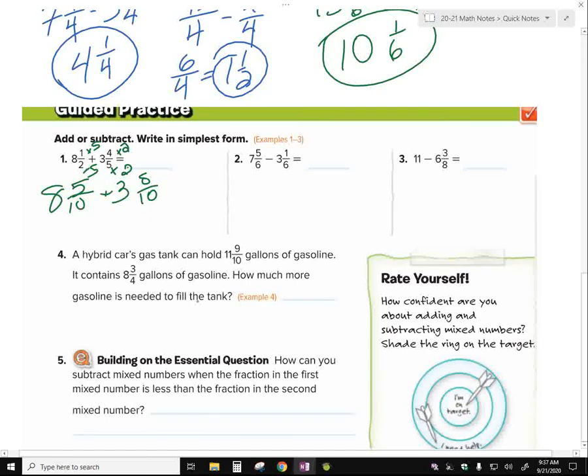And since we're adding, we don't necessarily have to rewrite it as an improper fraction. We have 8 plus 3, which is 11. Then we have 5 plus 8 over 10, which is 13/10. 13/10 becomes 1 3/10. So it's 12 and 3/10 for that one.